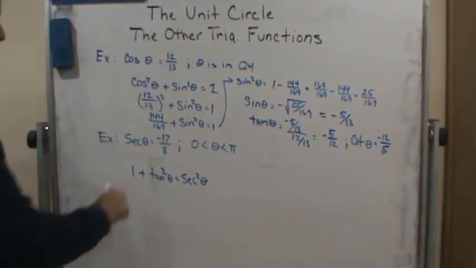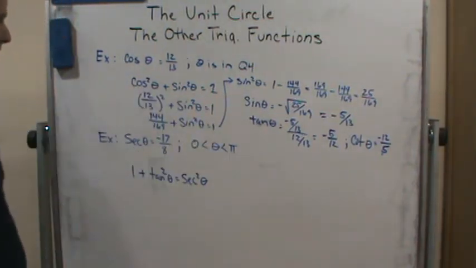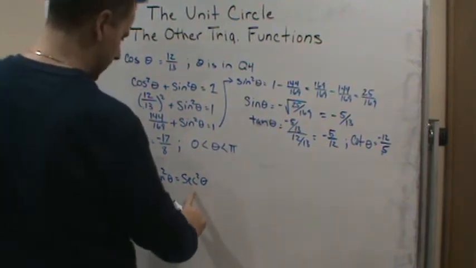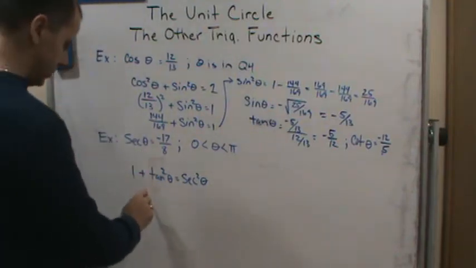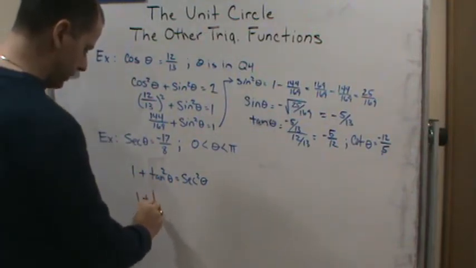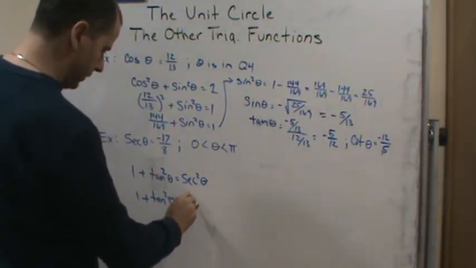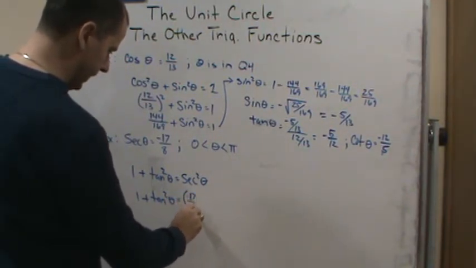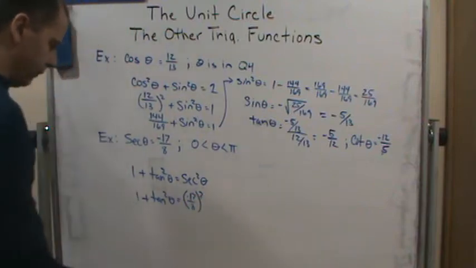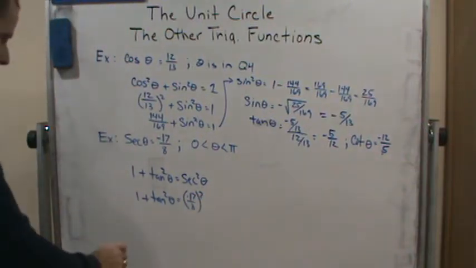So again, all you have to do is just divide everything by cosine. Okay? And so now I'm going to substitute in for secant. So this is going to give me 1 plus tangent squared theta equals what? Negative 17/8 squared. Okay?